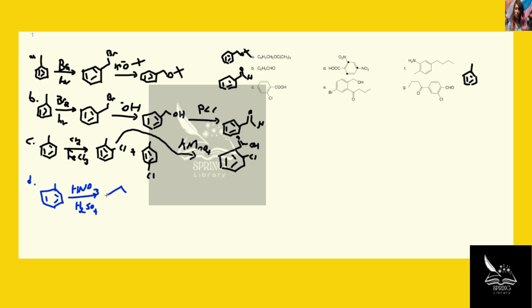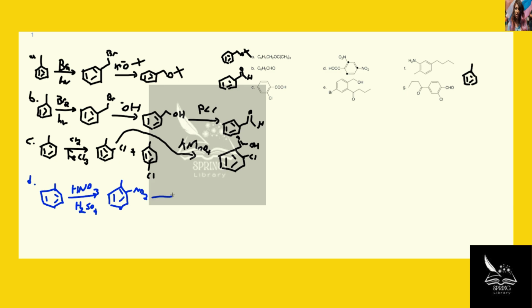So the first time, let's just say we add it to the ortho position. That actually helps us. Why? Because now this is meta-directing, which is this carbon, and this is also para-directing, which is this carbon. So then we'll have double force being activated at this carbon.